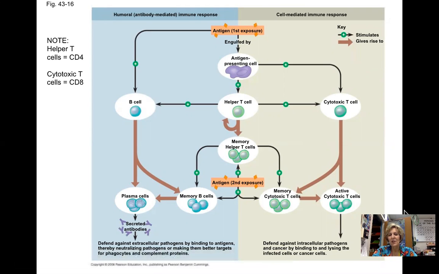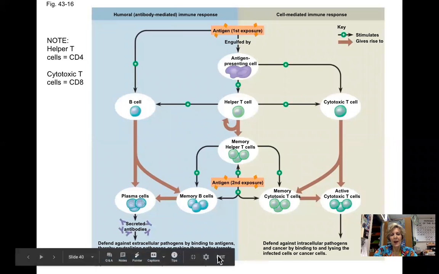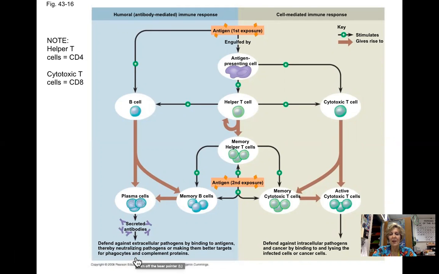And then we gave just a little bit of an introduction to the acquired or specific or the adaptive immune system as the crowning achievement of vertebrate evolution. So today we're going to talk about that. And then we're also going to talk about a virus that exploits the acquired immune system. So we'll talk about that.